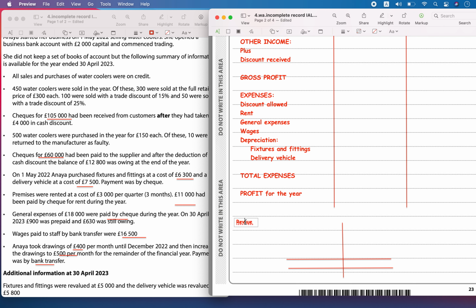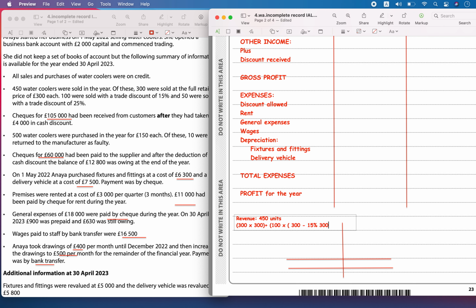So the revenue is going to be equal to, the total number of units sold was 450 units. Out of that, 300 were sold at the price of 300 pounds. The rest 100 were not sold at 300, they gave a trade discount of 15%.